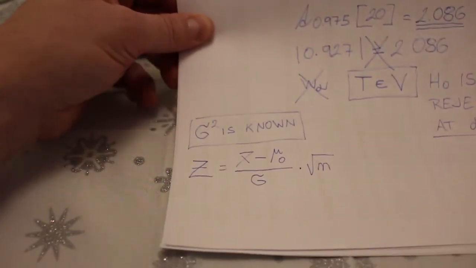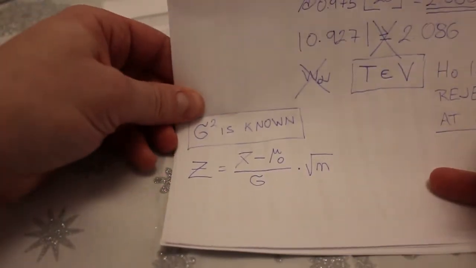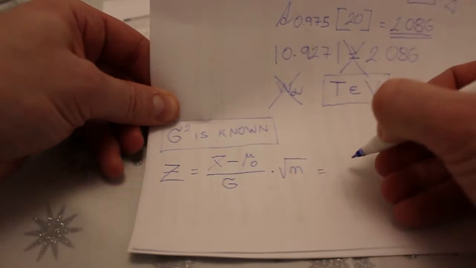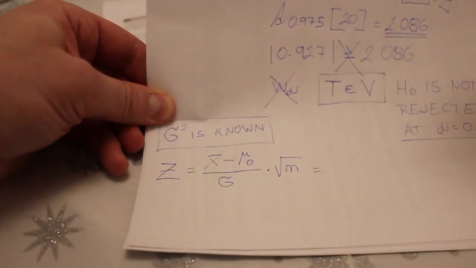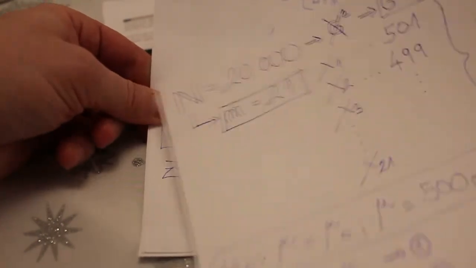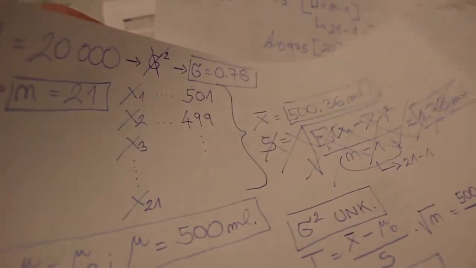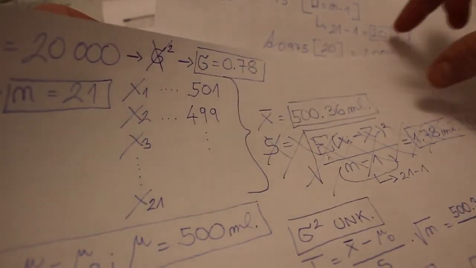Again, we know everything, so we can use the values which we know. The calculated mean, on the basis of the sample, you know this mean, it's written here.